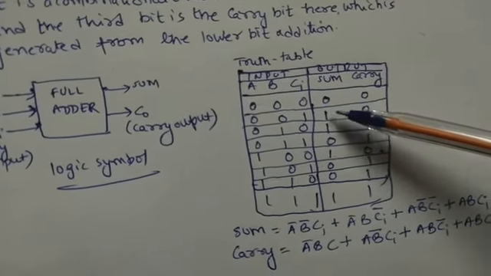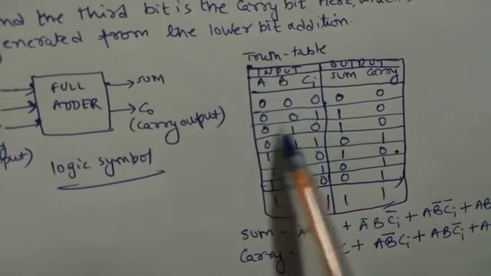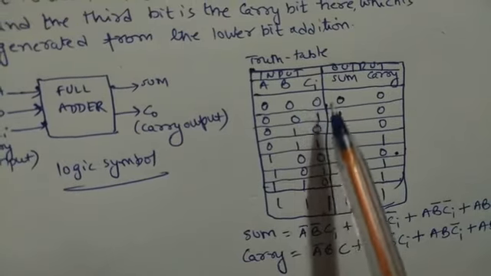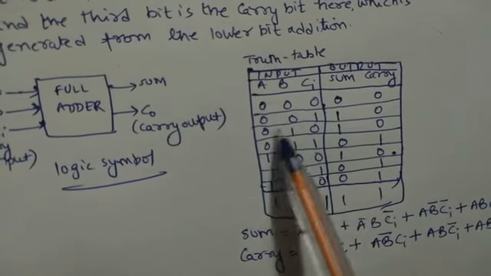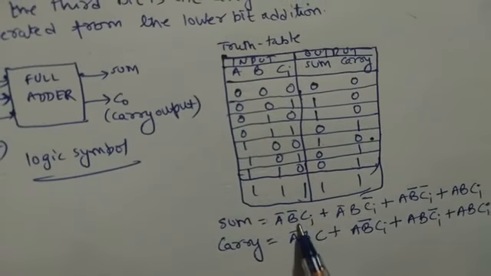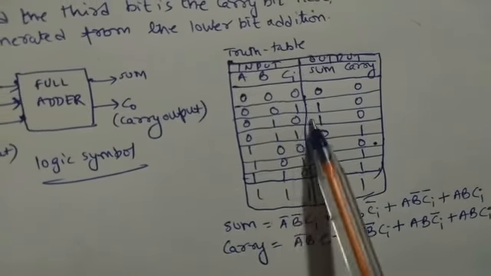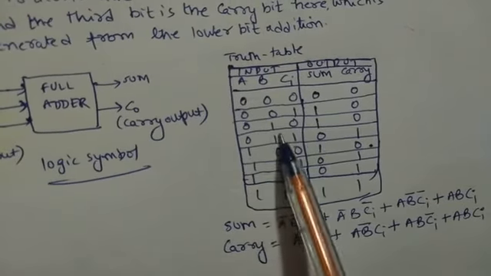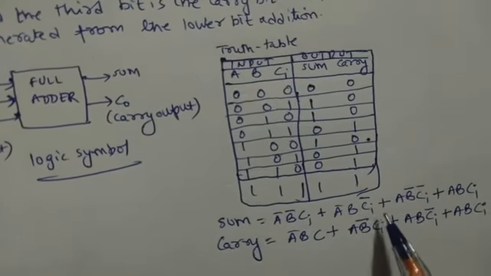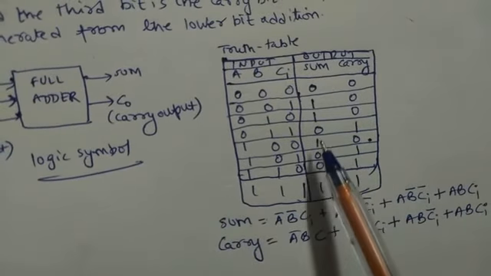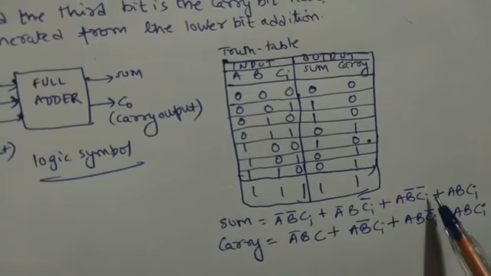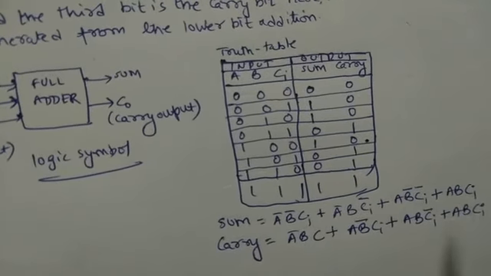So if you see this one here, this corresponds to A bar, B bar, and Ci, that is the carry input. So this one corresponds to A bar, B bar, Ci. So that is what we have written over here, A bar, B bar, Ci. Then we have A bar, B, Ci bar. Likewise, considering these two ones, we get the values as A, B bar, Ci bar, and A, B, Ci.